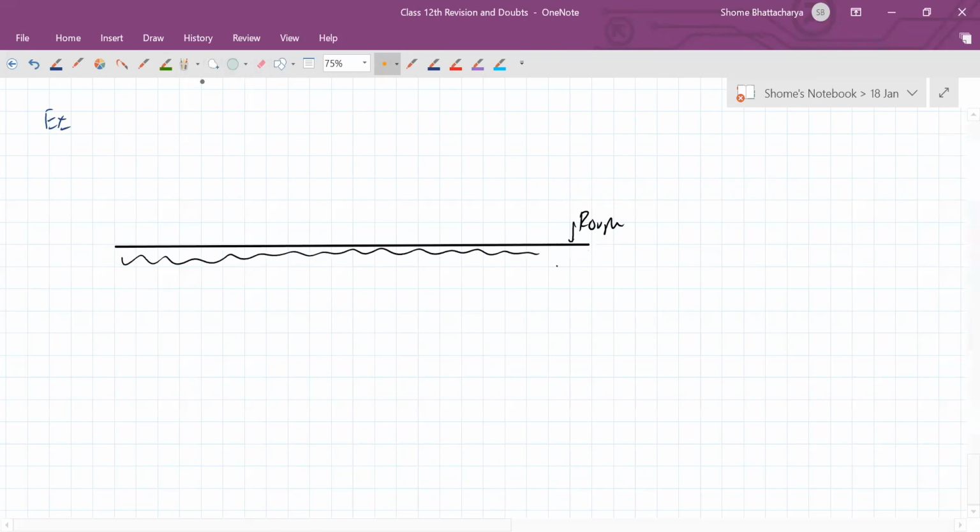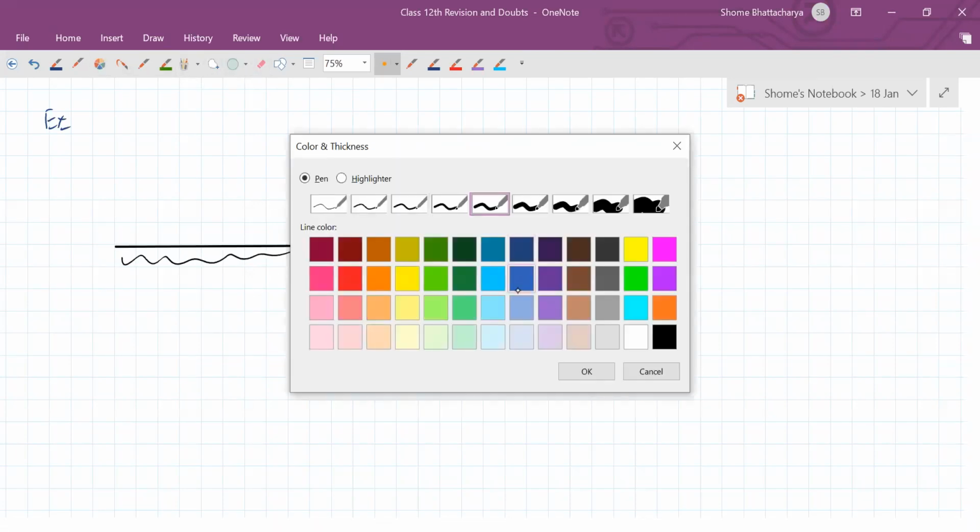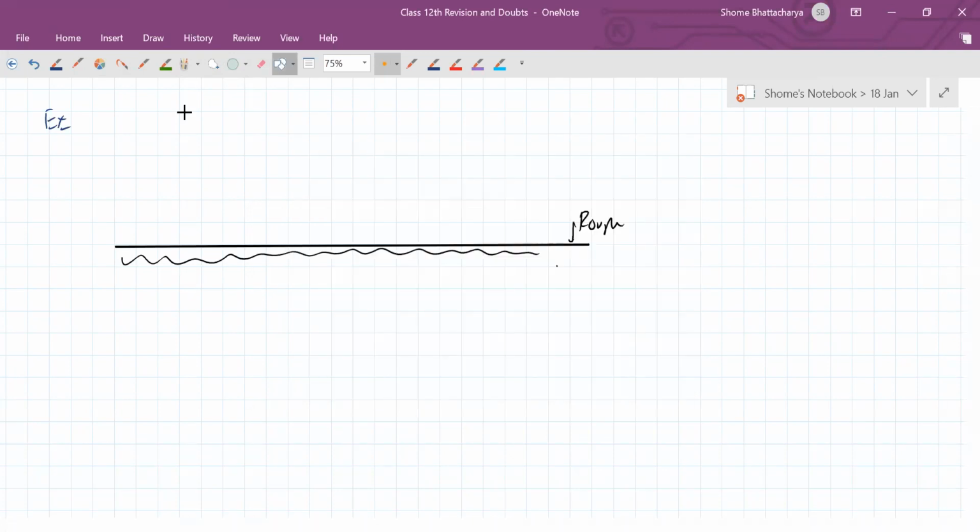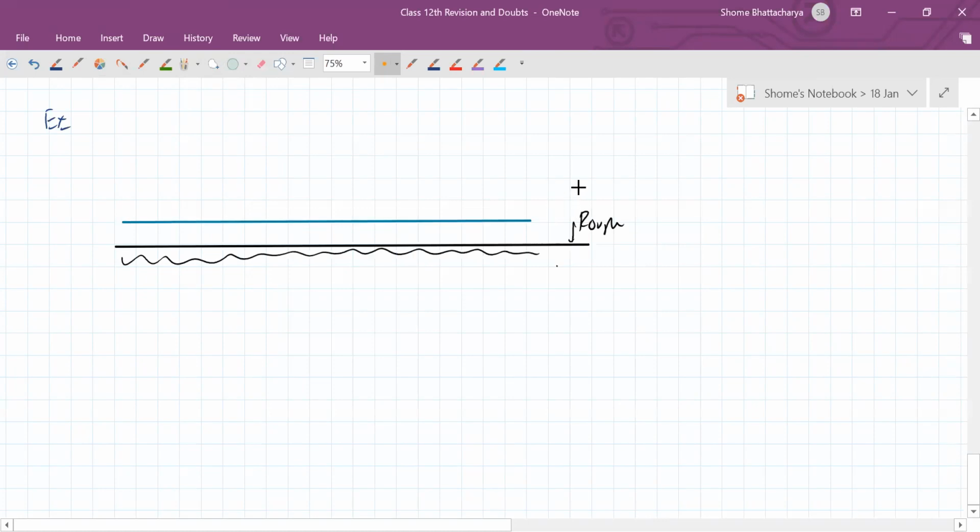We have a thin film of some kind of viscous fluid, of coefficient of viscosity eta, and its height is h.